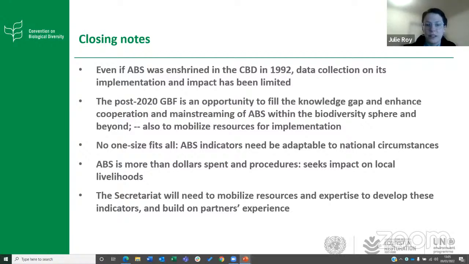And yes, the Secretariat does need to mobilize resources and expertise to develop these indicators and build on partners' experience, namely these other multilateral ABS systems who may have experience to contribute in this regard.